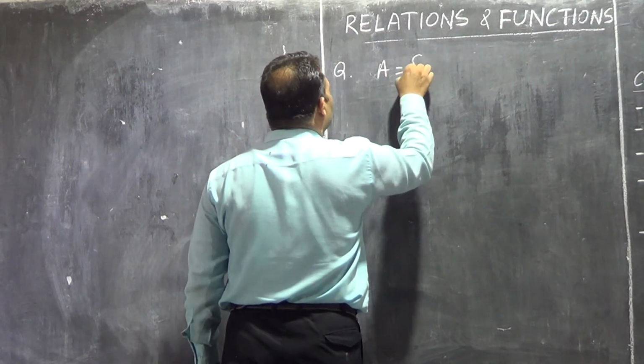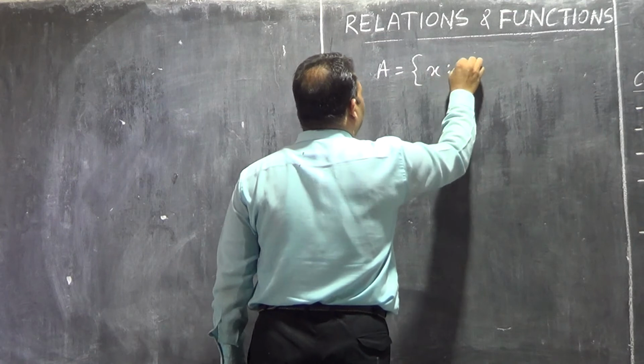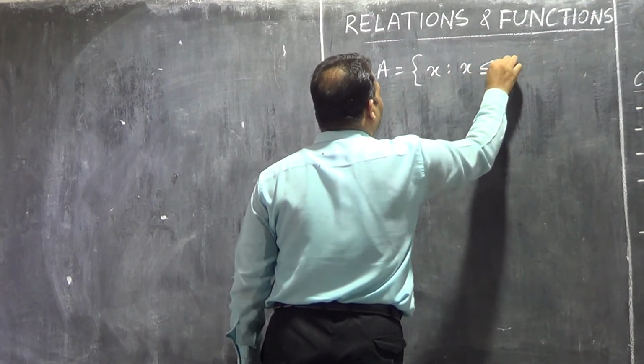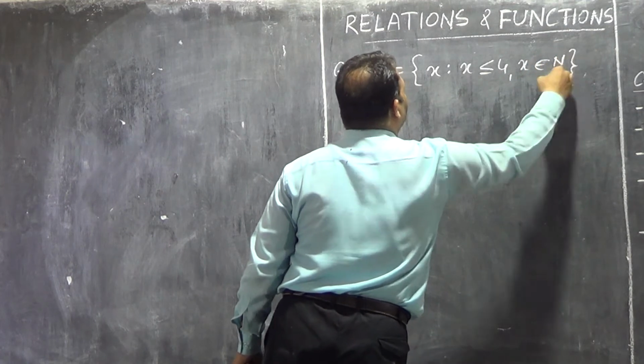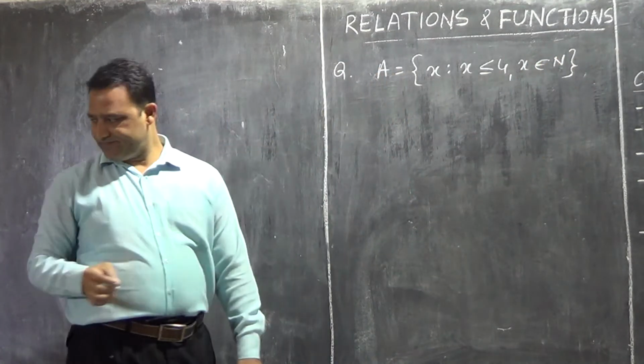A equal to x such that x less than or equal to 4, x belongs to natural number.